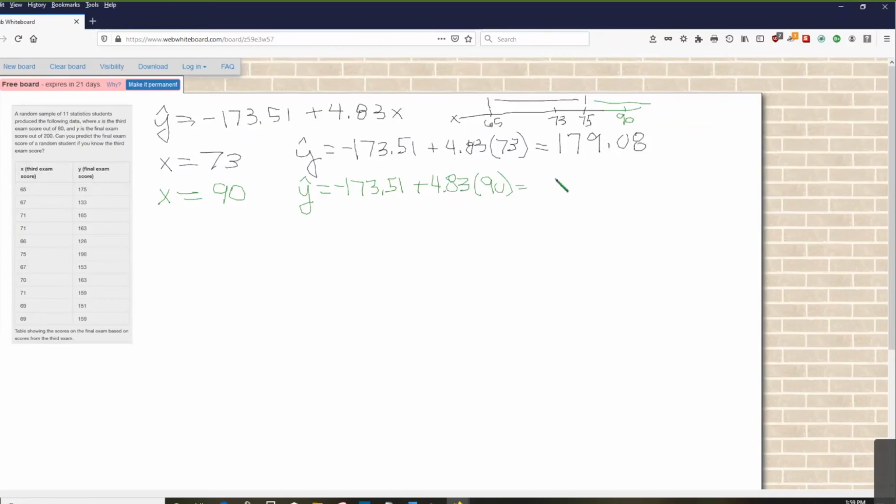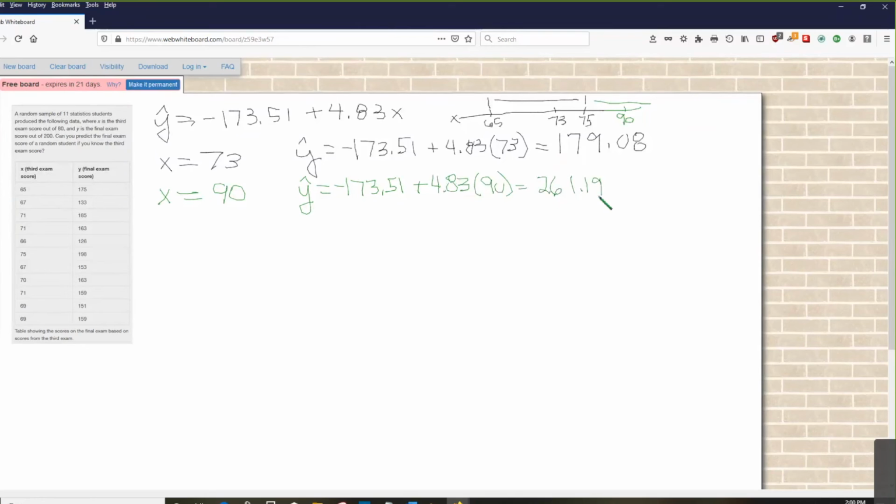And that's going to give me a score of 261.19. So we're able to plug it into the formula. However, the largest final score possible is 200.